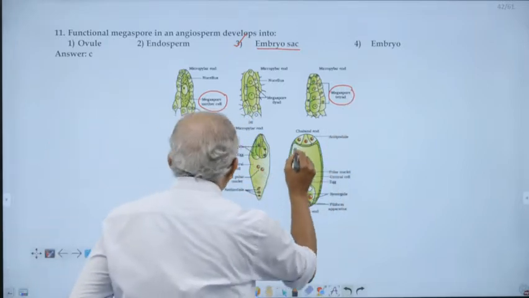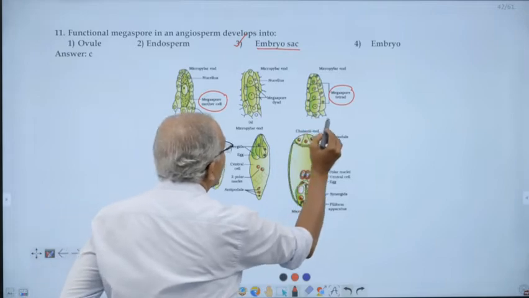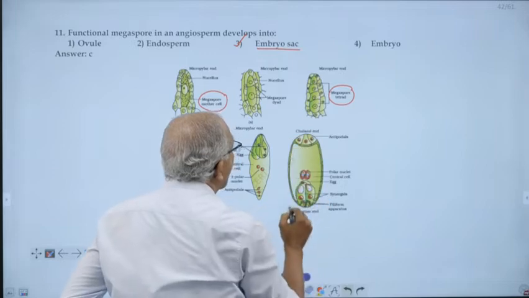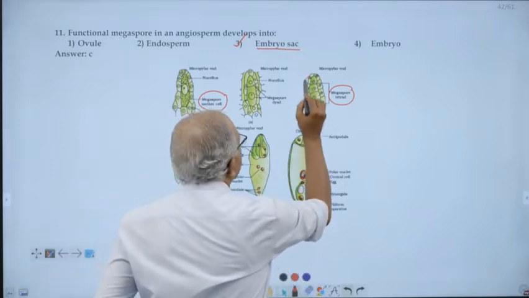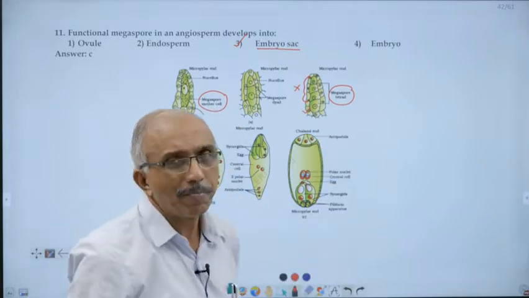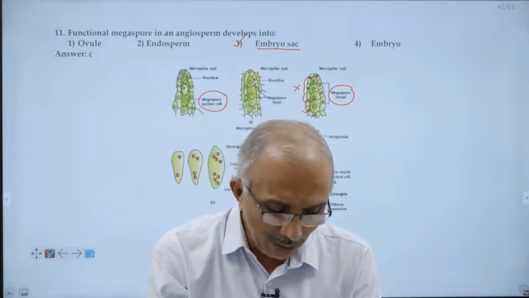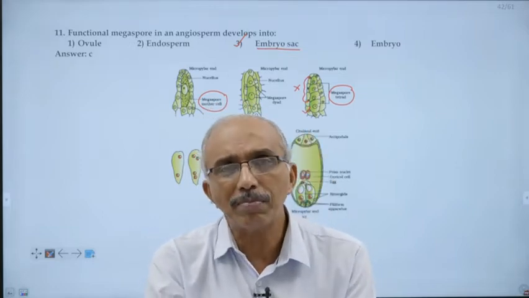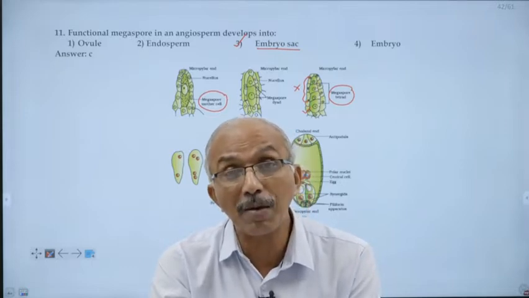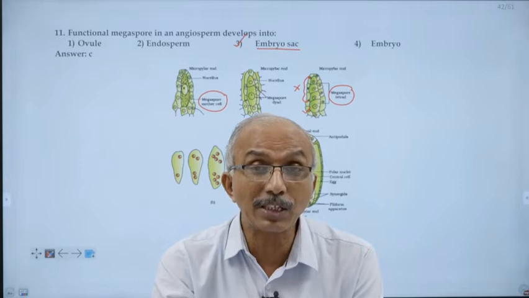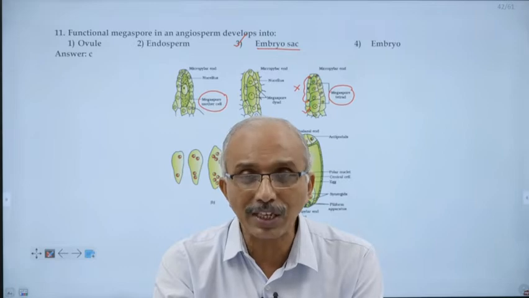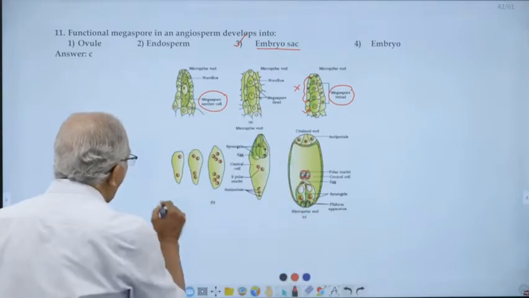One of the megaspores, not all three, only one megaspore develops. The other three megaspores degenerate. This developing megaspore is called the functional megaspore.